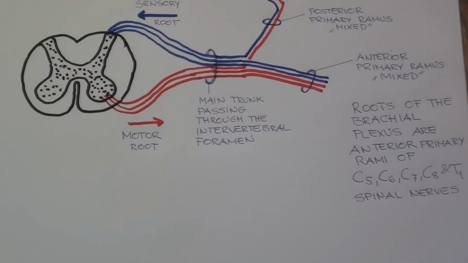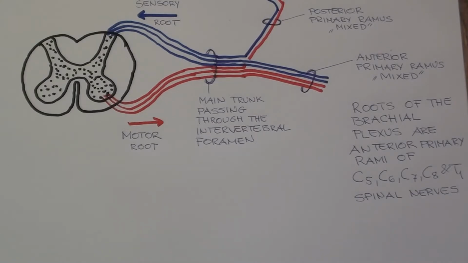As we see, 2 different colors were used, and I opted for this more or less standard color, red for descending or motor fibers, and blue colored fibers to represent sensory nerves, those ones that are carrying information into the spinal cord.